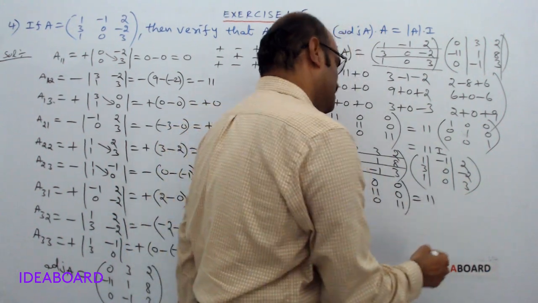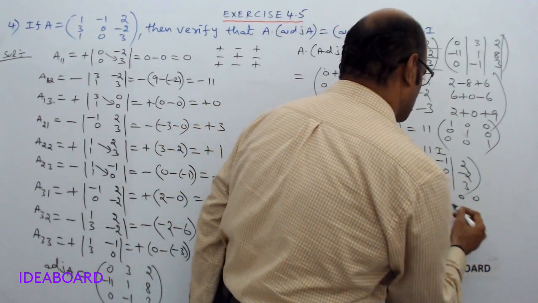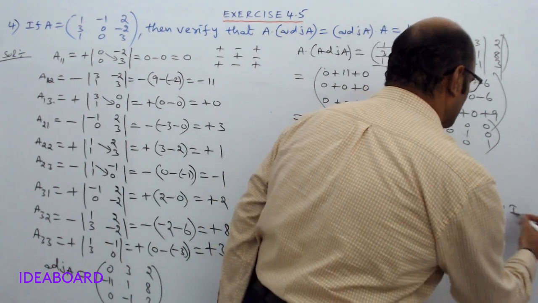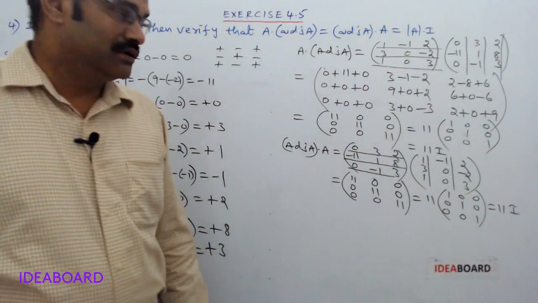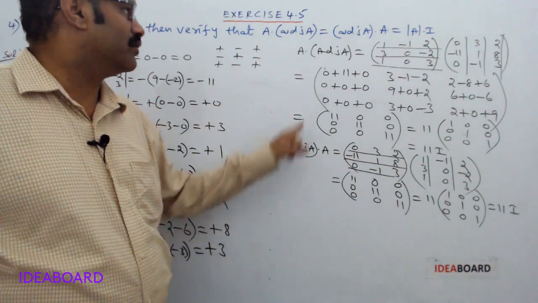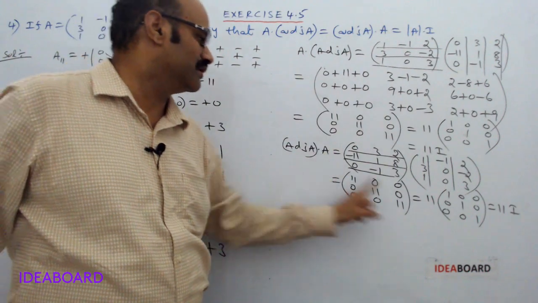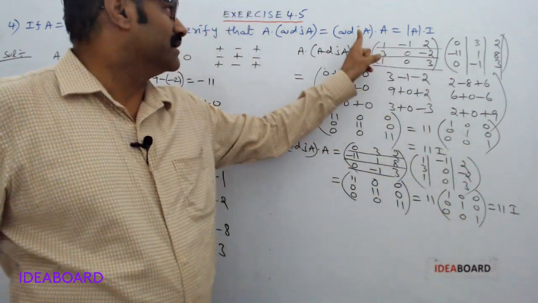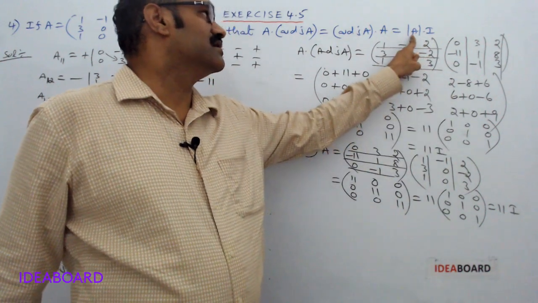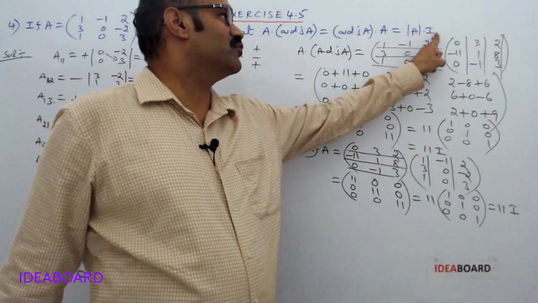So equal to 11 into 1, 0, 0, 0, 1, 0, 0, 0, 1, equal to 11 into I. So we got A into adjoint of A equal to adjoint of A into A. Both are same only. Now we have to verify, is it equal to det A into I or not?